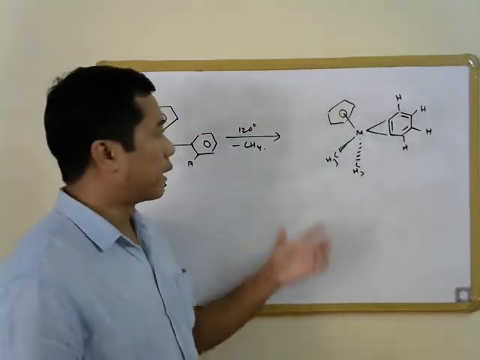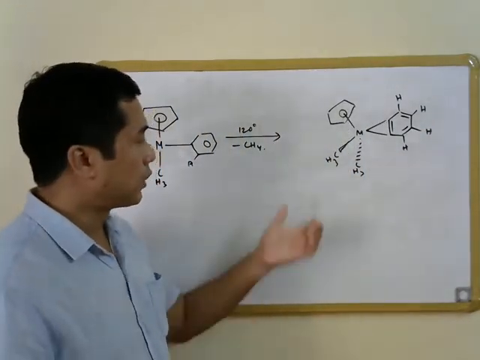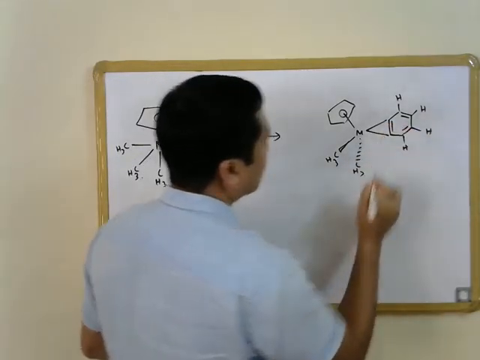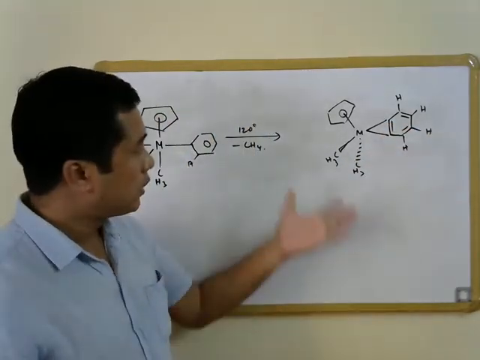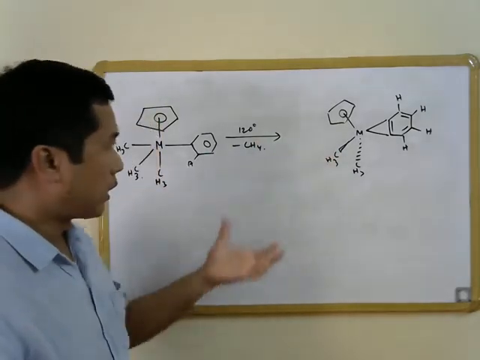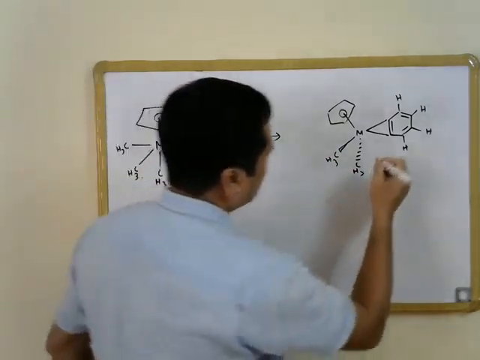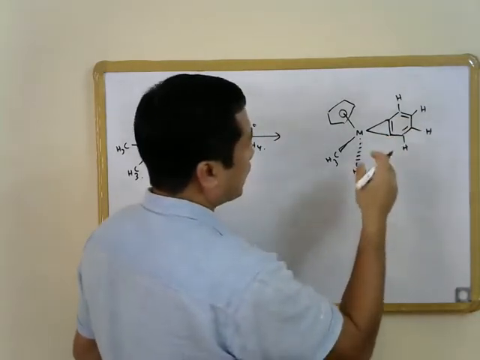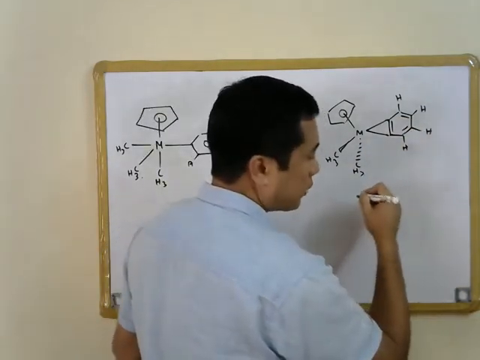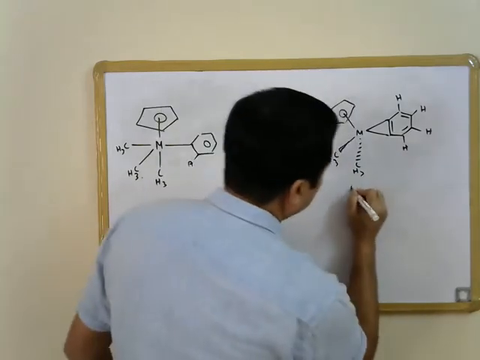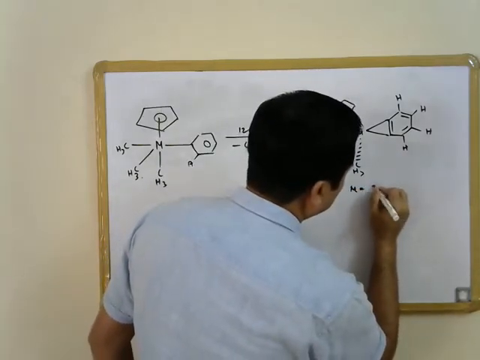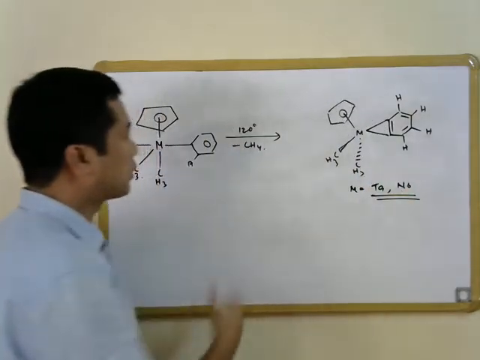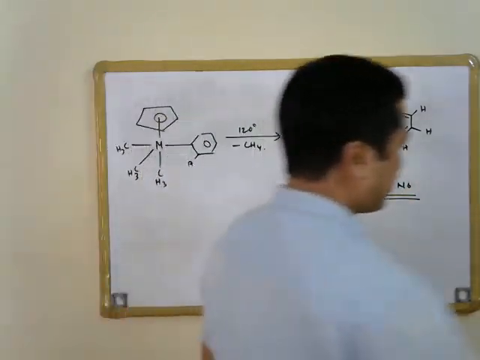benzyne complexes, because now this benzyne ligand, which is otherwise highly unstable, forms a stable metal complex because of, again, the increase in the p character on the carbon atoms. So the metal here is tantalum and niobium. For these two metals, these complexes have been isolated.